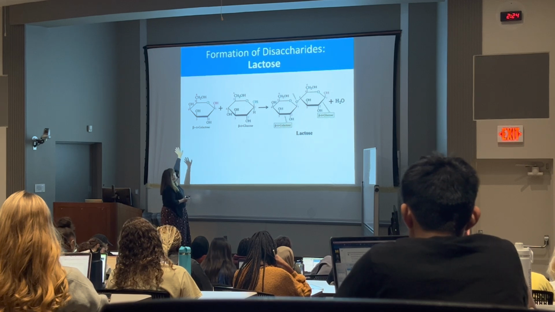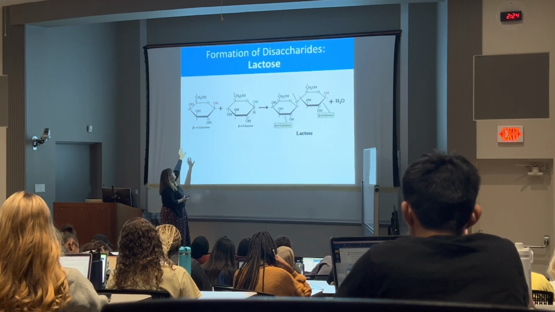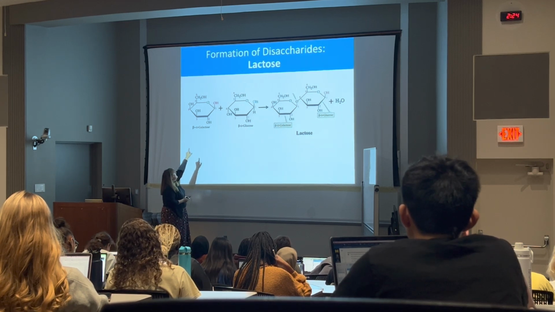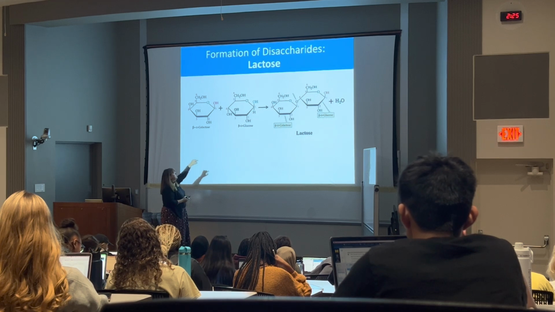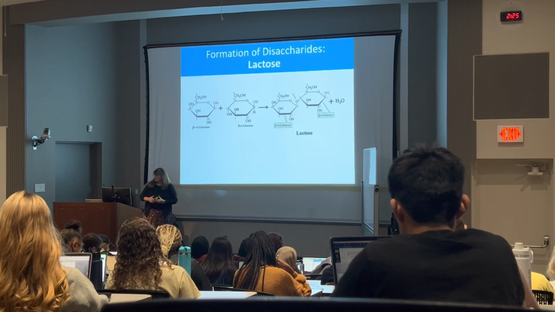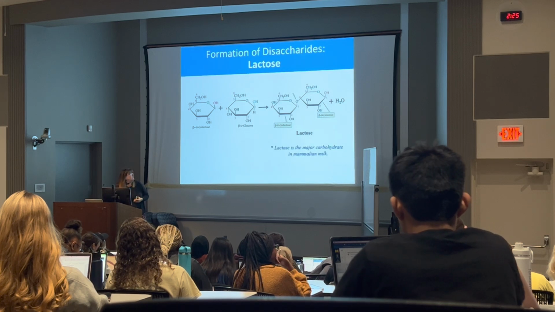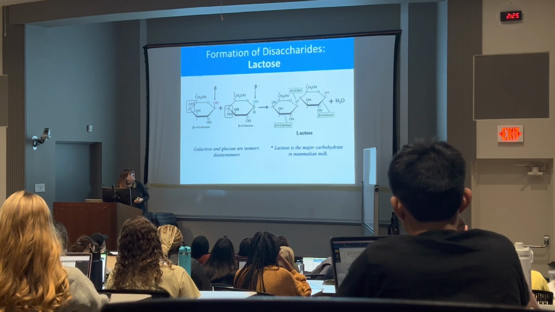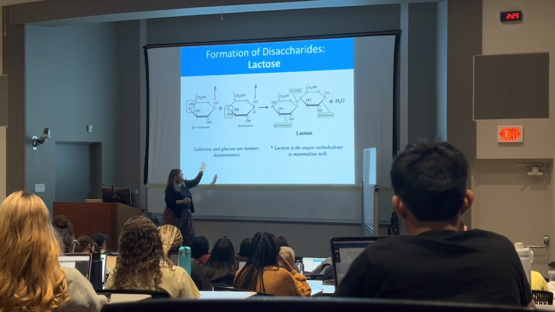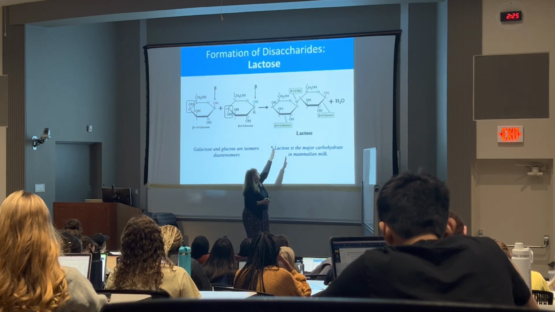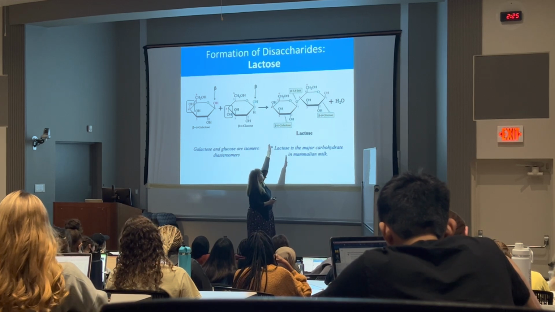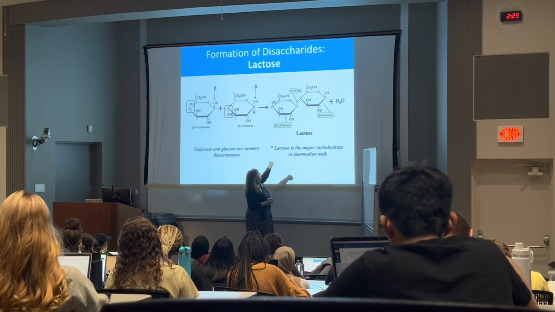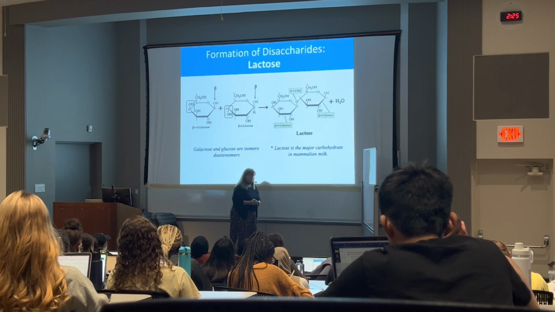So carbon 1 of galactose is involved in the reaction to form the disaccharide, and it is in the beta form to start with, so it will stay in the beta form when the bond forms. You notice the anomeric carbon for the galactose goes up above the ring, so you know it's beta, and it's linking carbons 1 and 4 together. And again, we give off water.